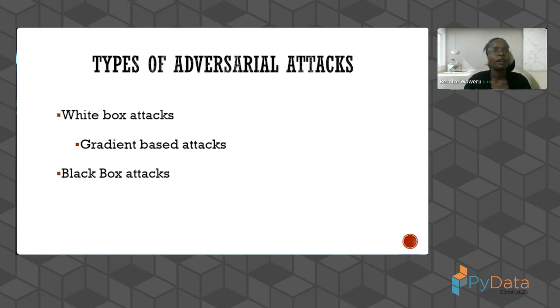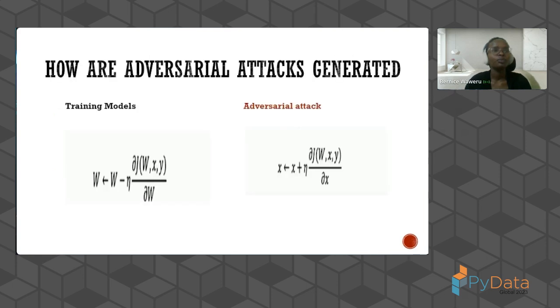Then let's move to how adversarial attacks are generated. Gradient-based attacks are based on the idea that we rely on gradient descent during training. While training a neural network, we're usually trying to reduce the loss function by updating the weights. Basically, we're trying to find what change in the weights decreases the loss function.